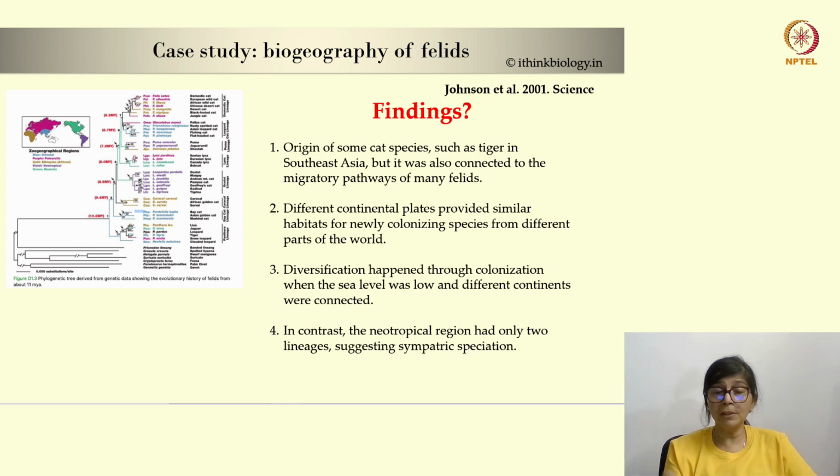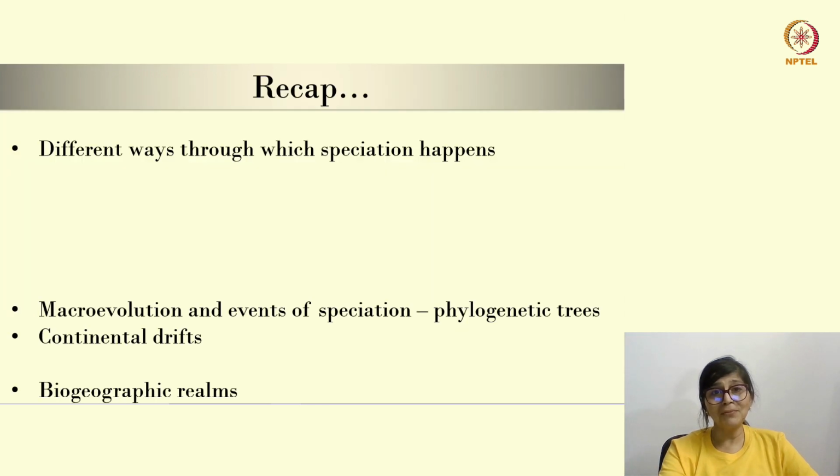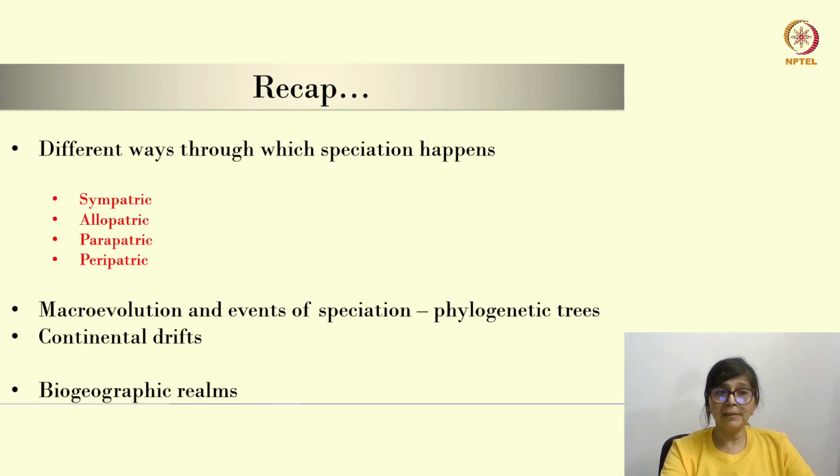In contrast to the neotropical region, which is the South American region, which has only two lineages, suggesting probably sympatric speciation has occurred. Okay. So I hope you remember the different ways through which speciation happens that we talked about in the previous lecture: sympatric, allopatric, parapatric, and peripatric.